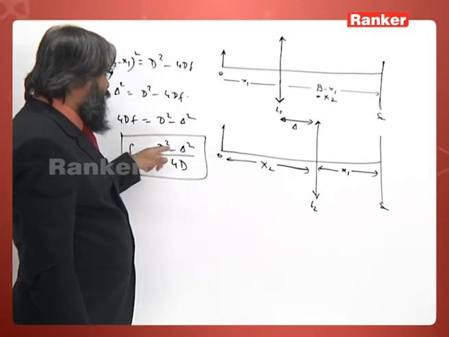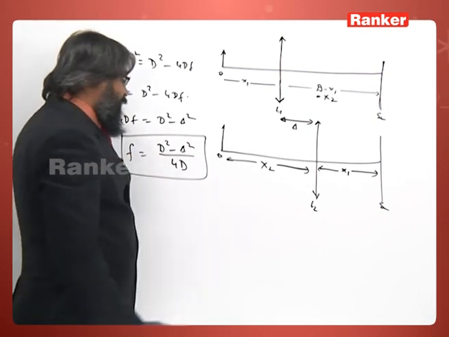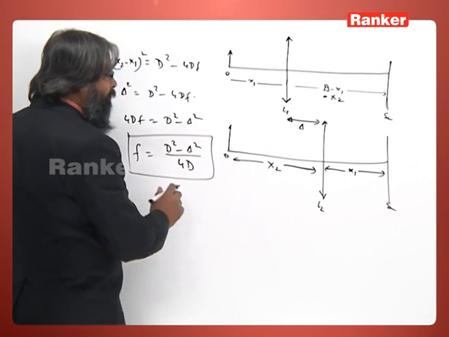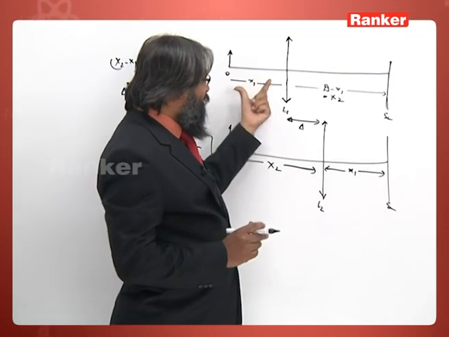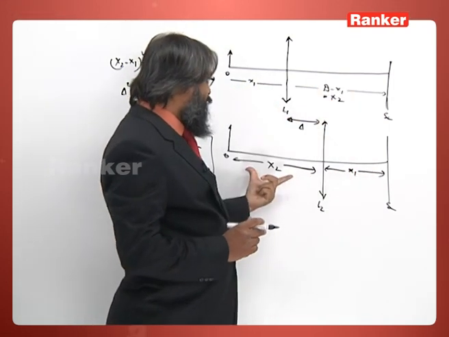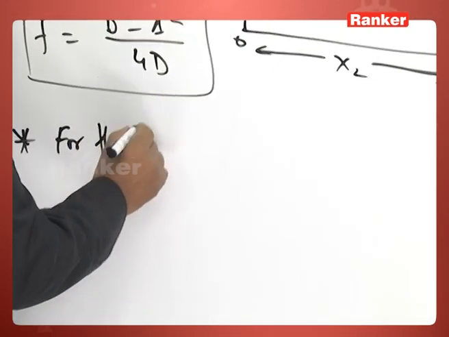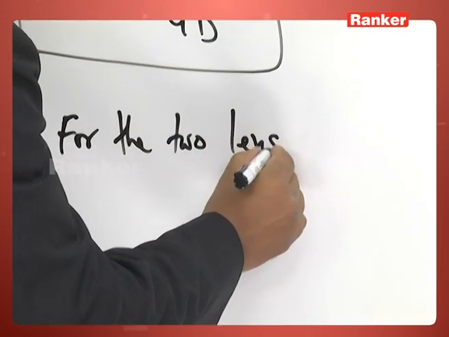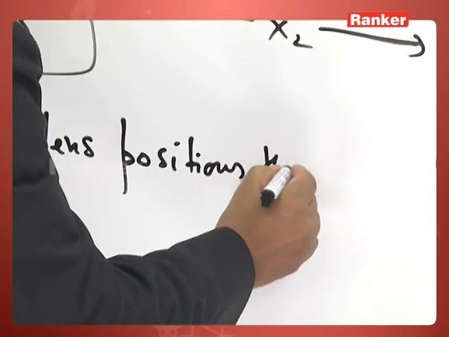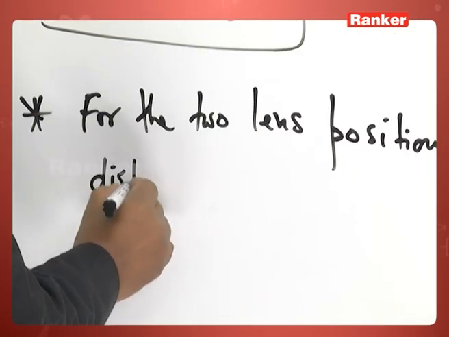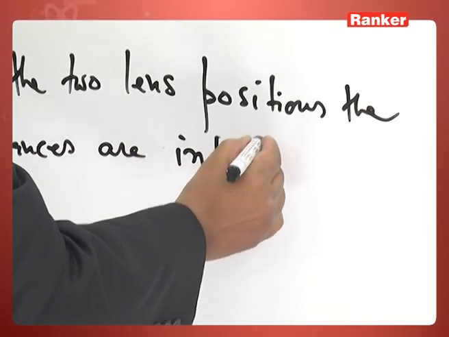that is delta, is called the displacement of the lens. So, d is already known, delta you have to calculate, and so the focal length of the lens becomes this. Here one more important point we observe: for the two lens positions, the distances are interchanged.